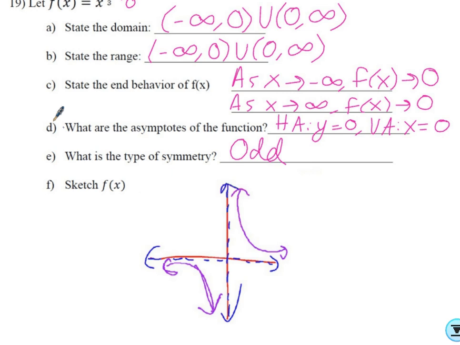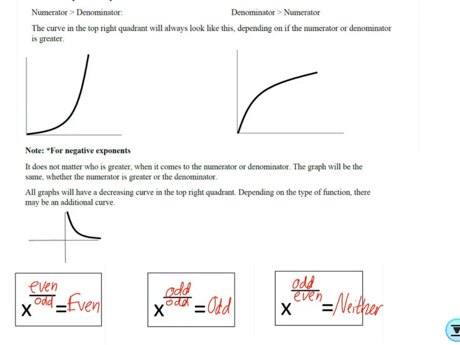All right, for this next section, we're actually going to take a pause. Okay, so as a reminder, let's talk about some of the graphing stuff and how we can determine even or odd from the equation. If you have an equation for a power function, it's going to be x to a power.